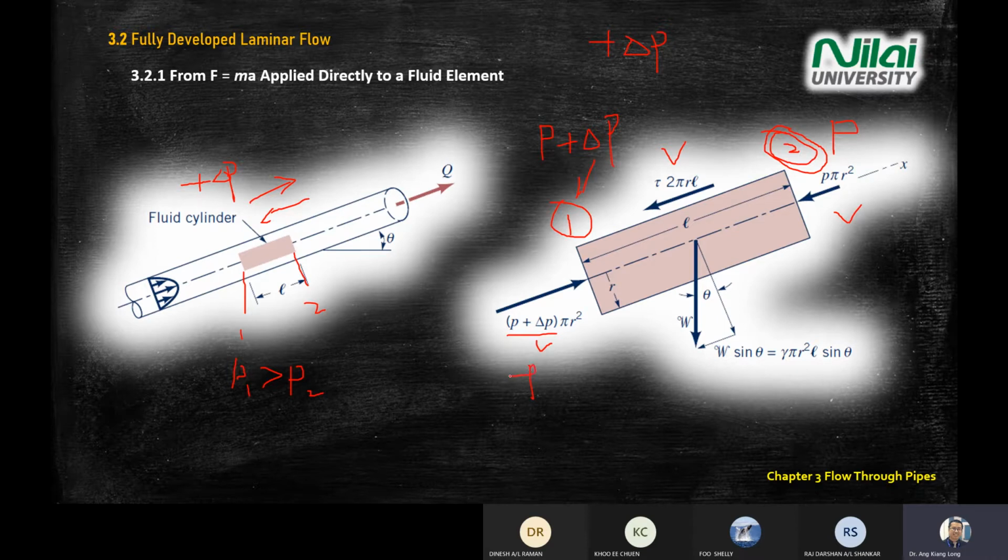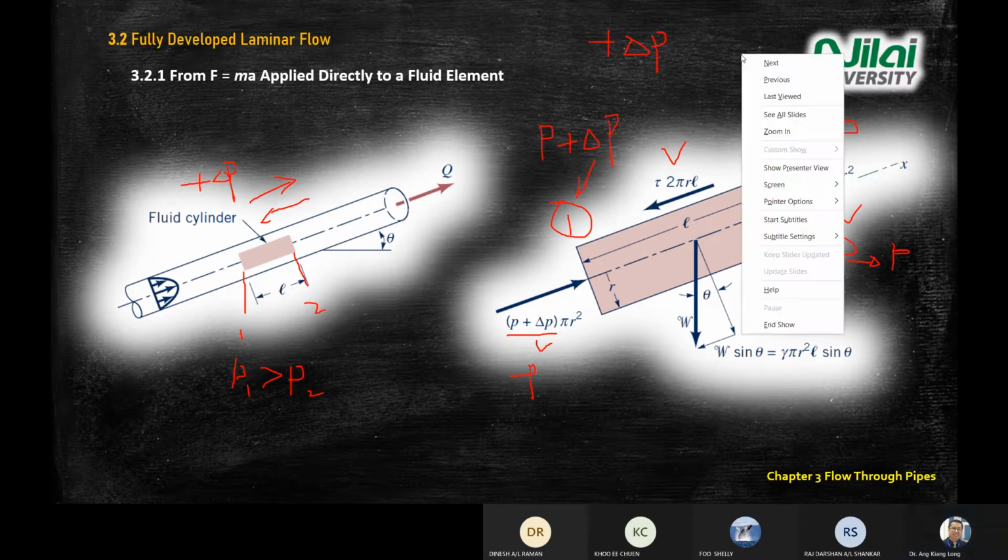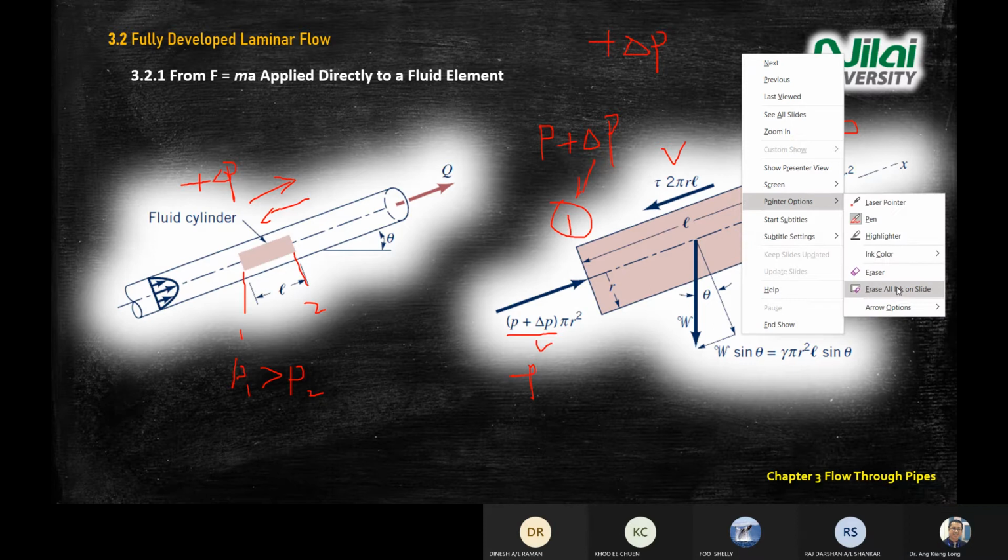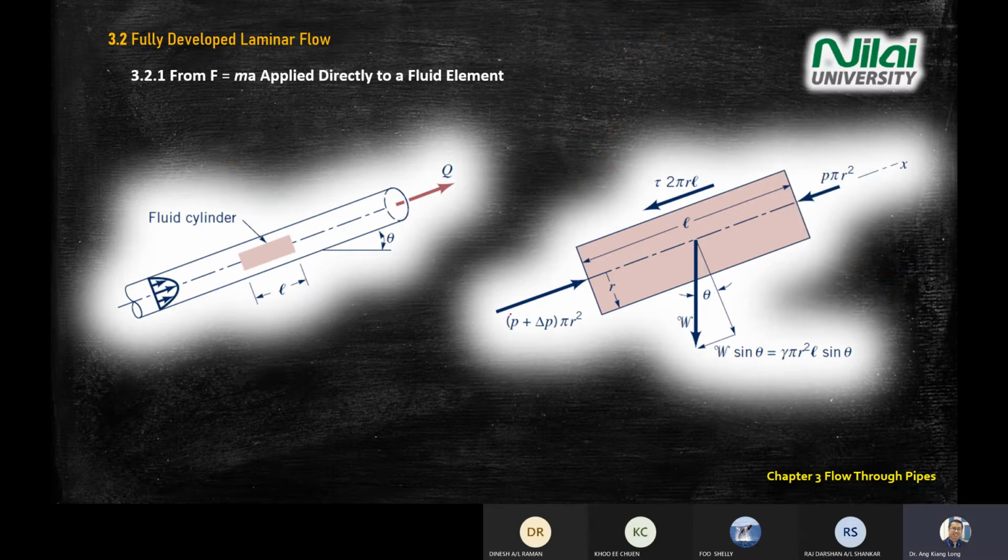There, the P is here, but at point 2 it gives P minus delta P. Same meaning. It means that if delta P is positive, point 1 is still higher than point 2. So you're able to understand the direction of the flow.